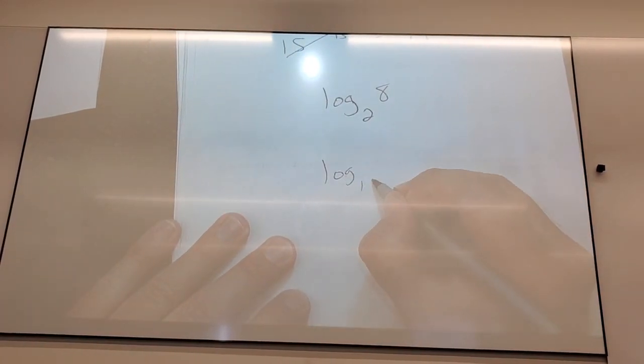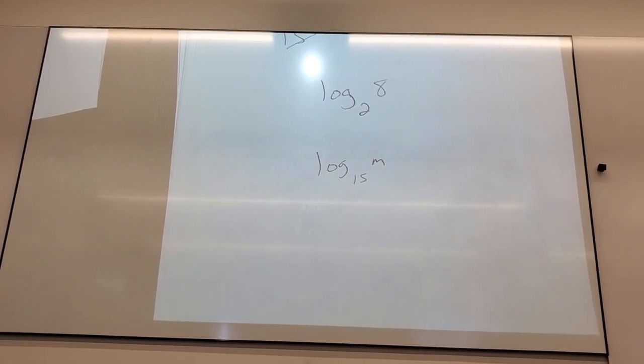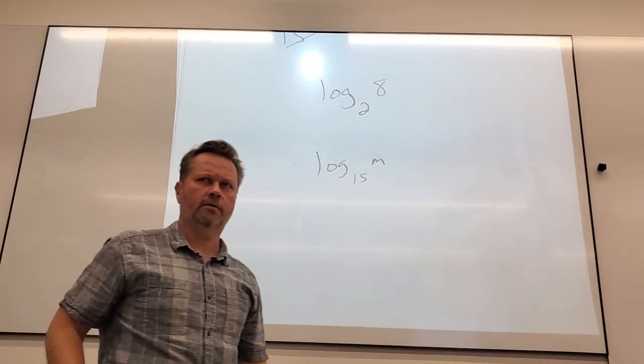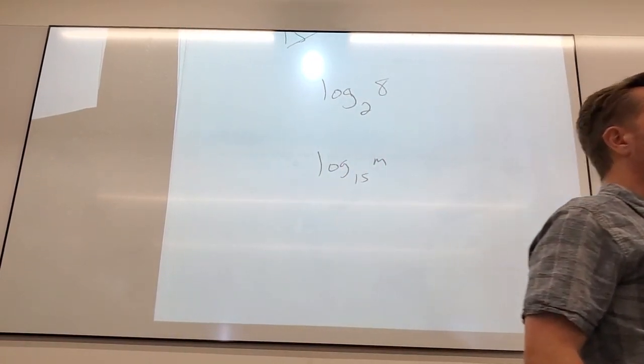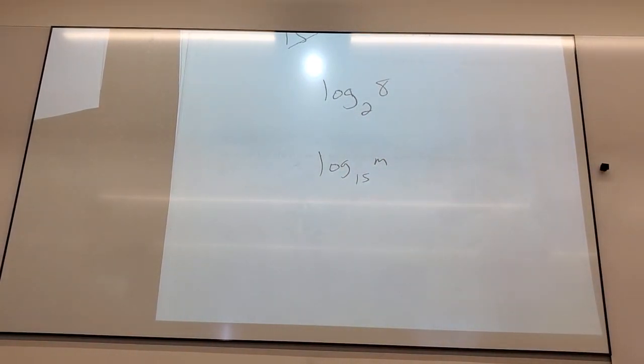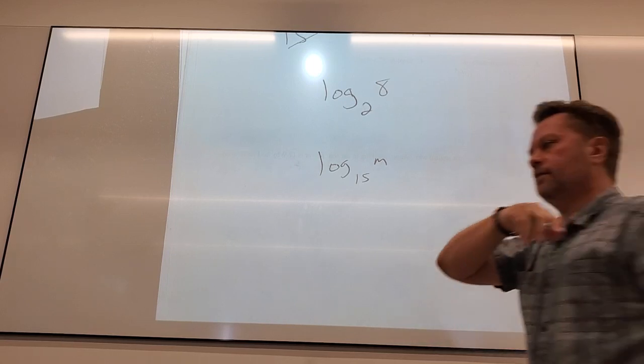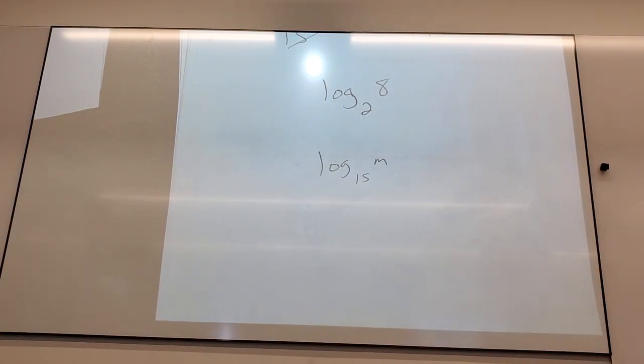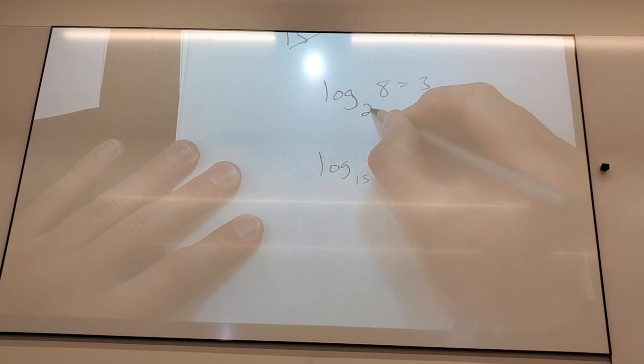Log base 15 of m represents the power that 15 needs to become m. Is that okay? That represents the power that 15 needs to become m. Is that cool what I just said? And again, that's why the answer to this earlier one is 3, because it's the power that 2 needs to become 8.